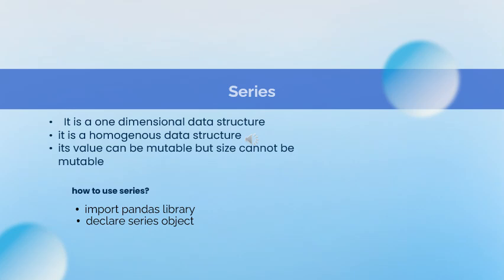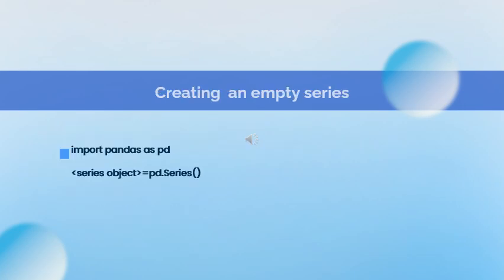How to use series here? Whenever you are using series, you need to import the pandas library in the Python interpreter, then declare the series object and then you can use the series. How to create an empty series? Before creating a series, we need to import the pandas library.